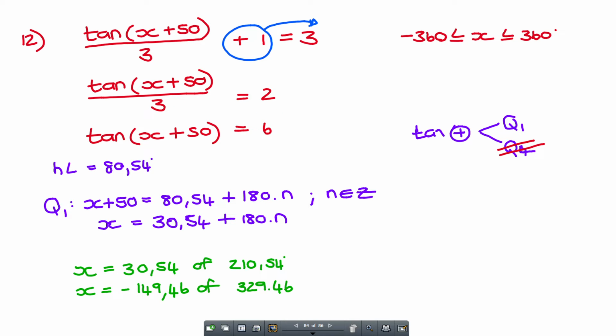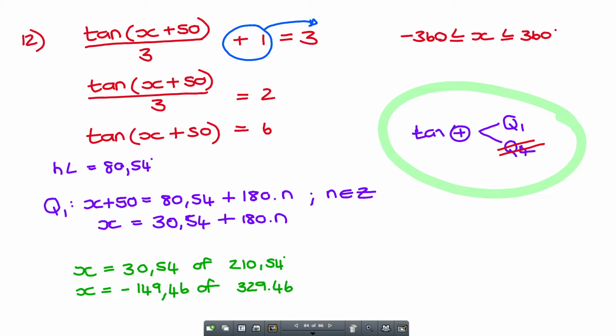Okay, so now that I have my equation looking like this, I can actually go look for a help angle. So I press shift tan 6, and that would give me, excuse, dit gaan vir my gee daai 80,54 grade. Okay, nou hier aan die regterkant sal jy sien, het ek vir jou gesê, tan is positief in kwadrant 1 en 4.